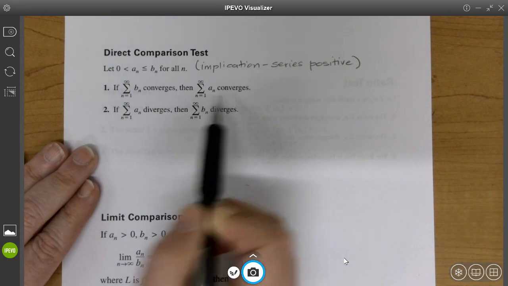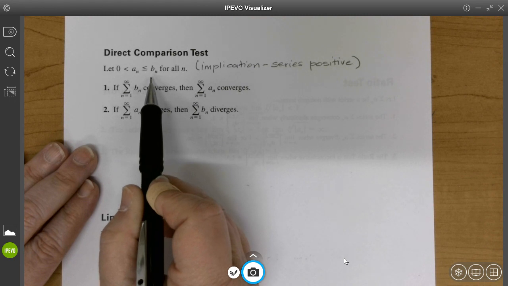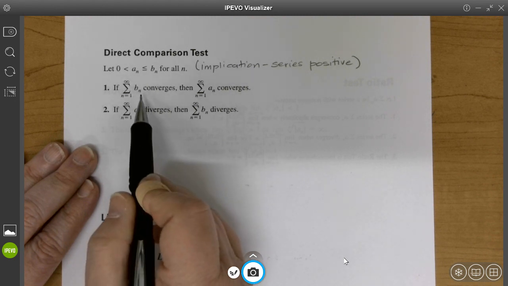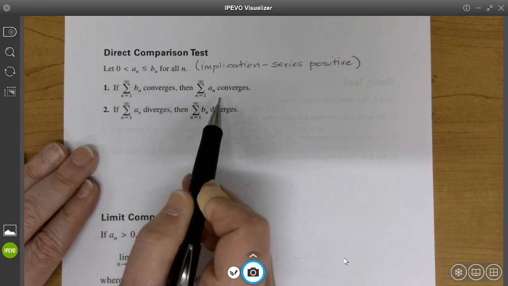Well, let's see if that makes sense. B's terms are all bigger than or equal to A's. So if B converges, it's bigger, then guess what? A is smaller, so we should be able to add it up, so they both converge.